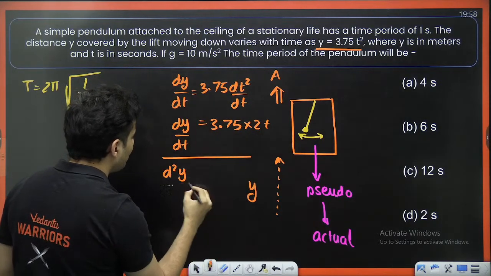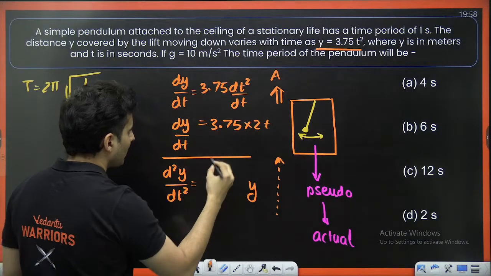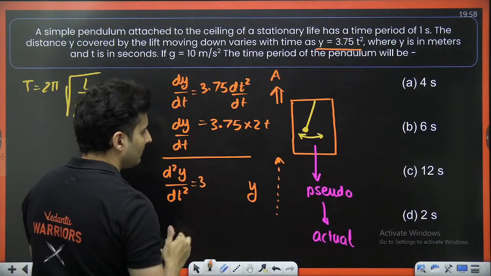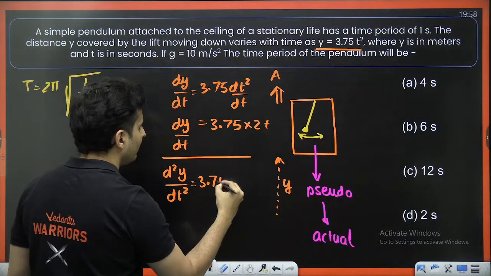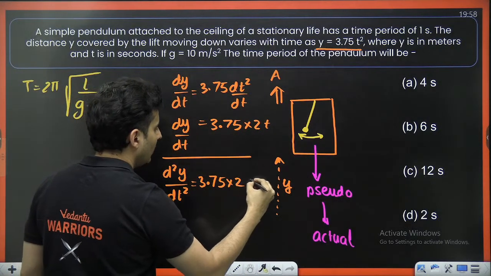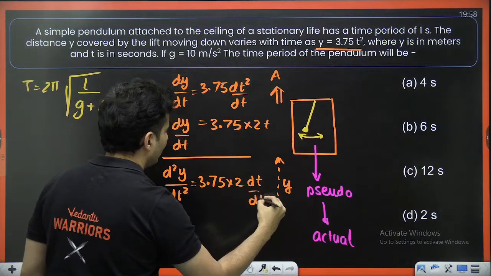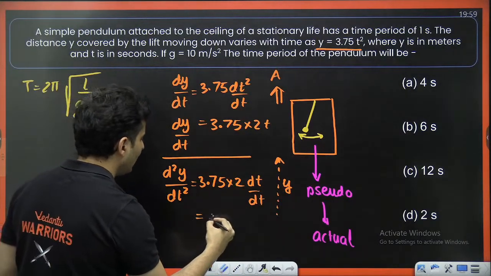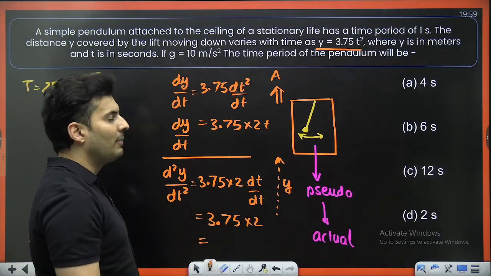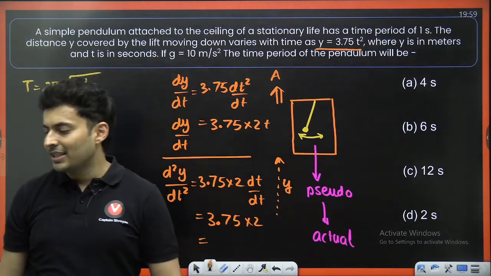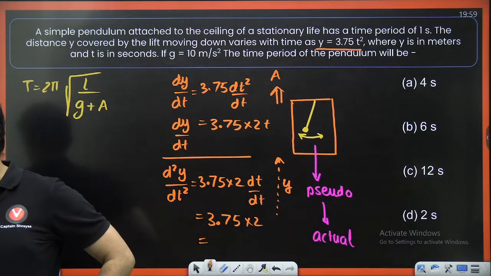Now, what is the next derivative? d square y by dt square will be 3.75 into 2 into the derivative of t with respect to t. That's it. So that will be 3.75 into 2. How much will it come out to be? What is the value of acceleration that you are getting, my dear warriors?